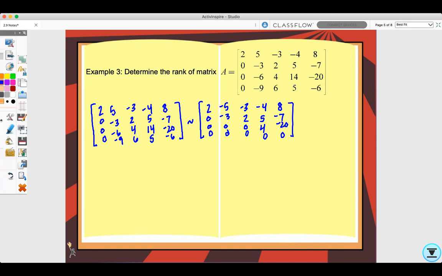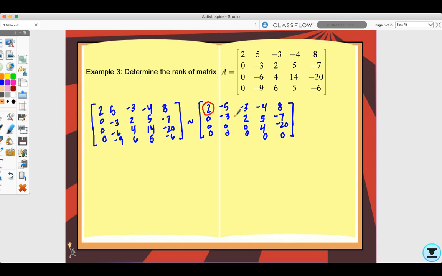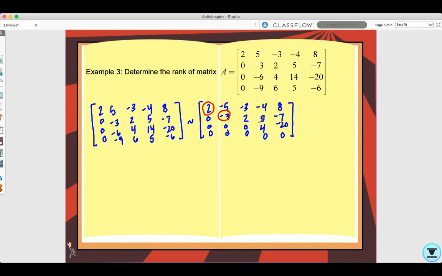So here we have 1, 2, 3 pivot columns. The matrix has 3 pivot columns, so the rank of A is 3.